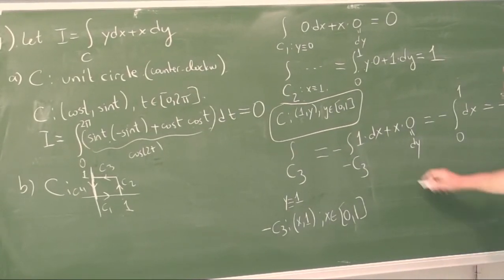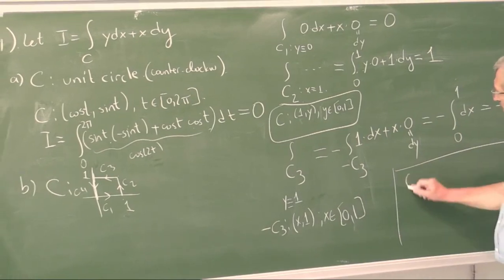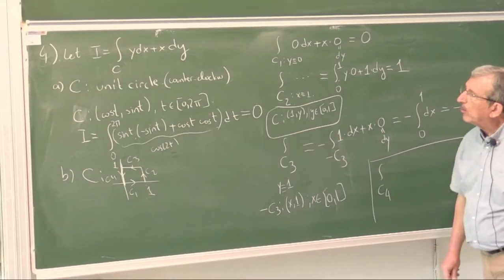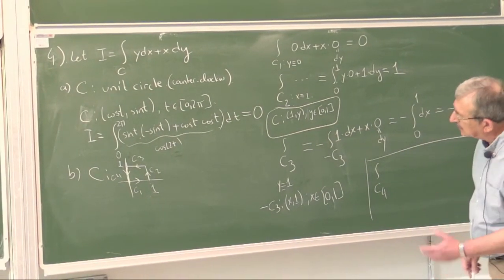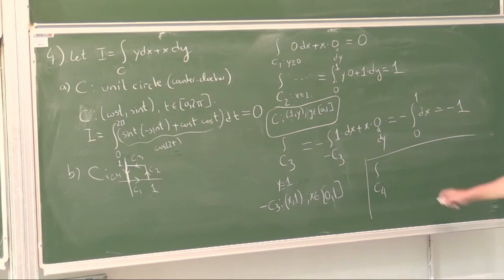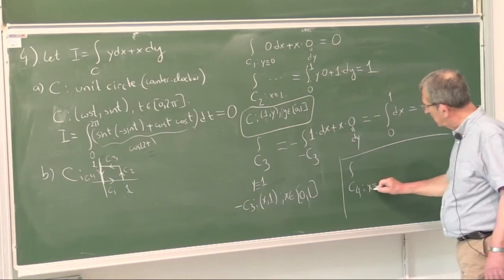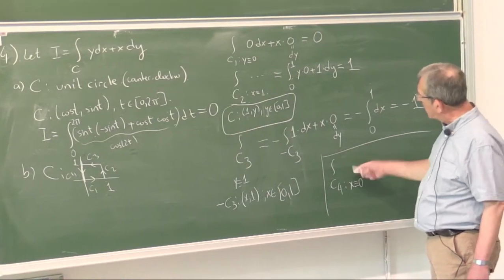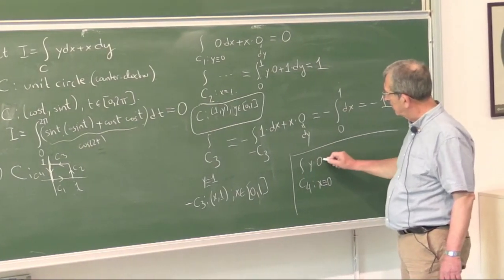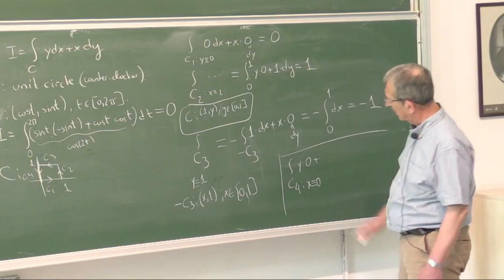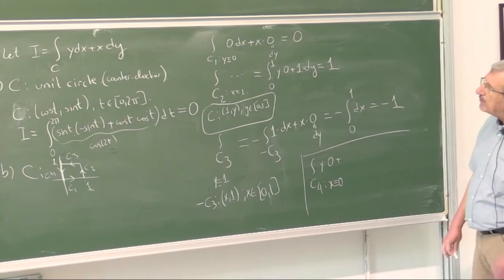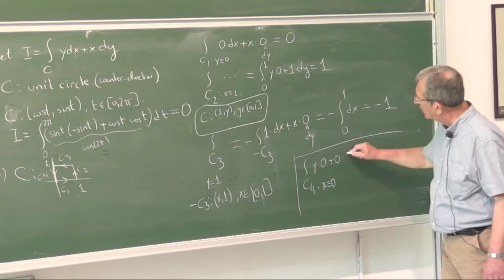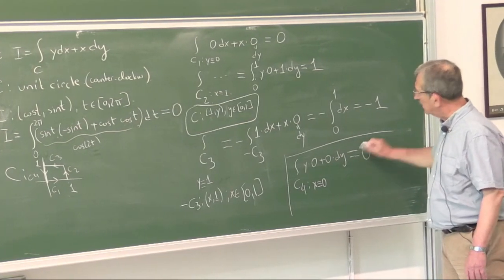And finally, the integral over C4. Well, on C4, x is 0 and constant, so dx is 0. And because x is 0, whatever dy is, we always get 0.